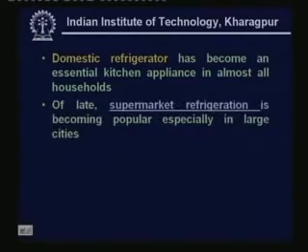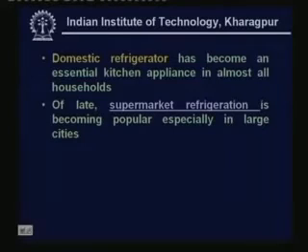And of late, particularly in developed countries and also in big cities, supermarket refrigeration has become quite popular. Supermarket refrigeration means, as I was mentioning earlier, food products will be stored in cold storage, and from the cold storage you have to bring them and store them in a supermarket so that customers can buy them. The supermarkets also require refrigeration, otherwise the products get spoiled.